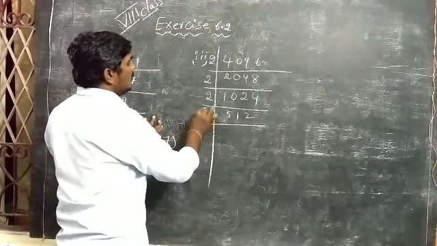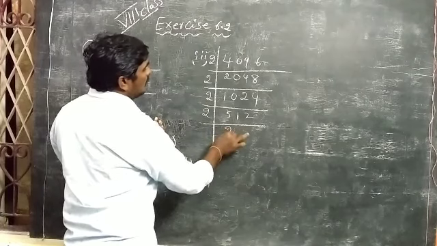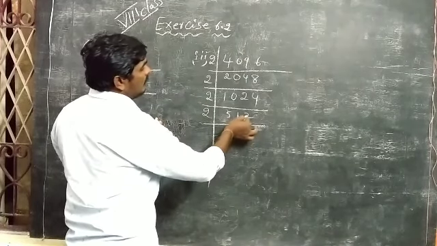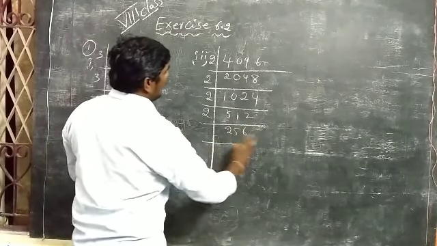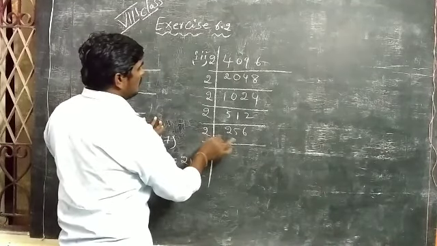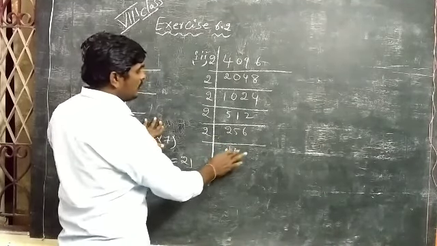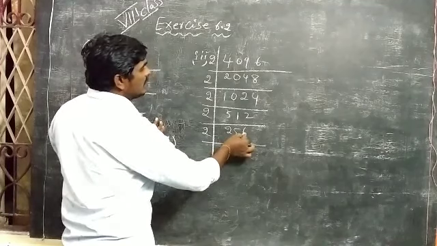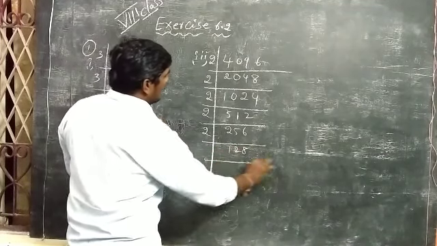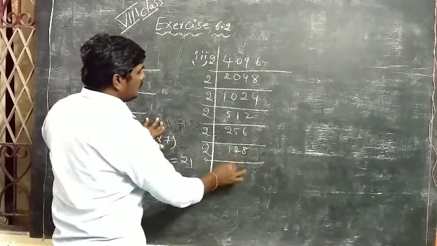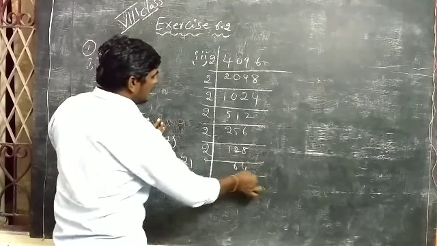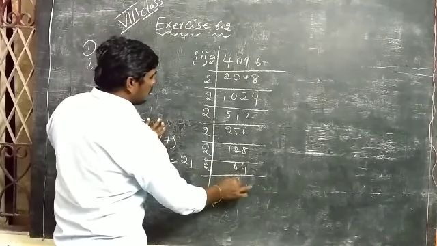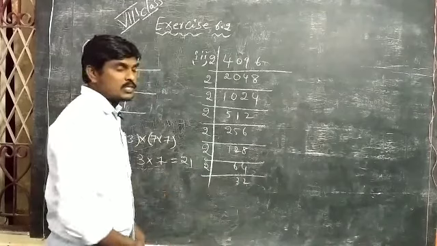Again 2 is there, 2 table possible. 2 25s are 50, 12 remaining, 2 6s are 12. Again 2 table possible. 2 12s are 24, 1 is there, 8 times. Again 2 table possible. 2 4s are 8. Again 2 table possible. 2 32s are 64.